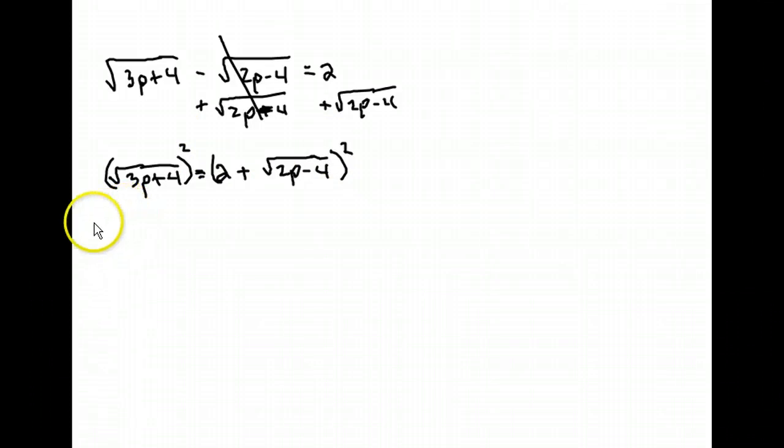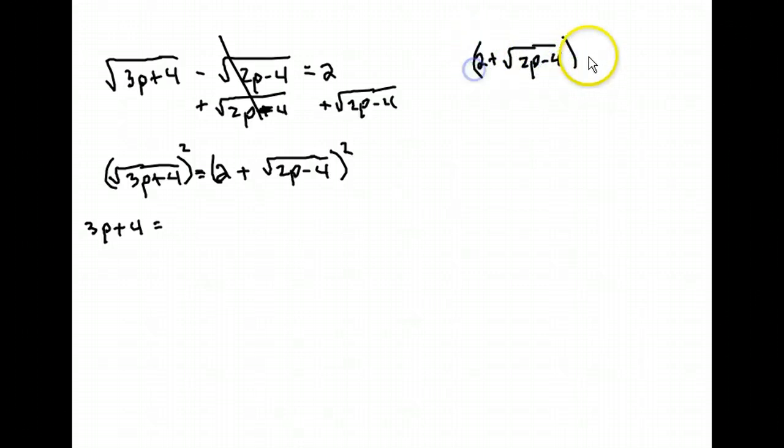So the left side is just going to give us 3p plus 4. The right side, what it really looks like, I'll put it over here in the corner, is 2 plus the square root of 2p minus 4 times another 2 plus the square root of 2p minus 4.